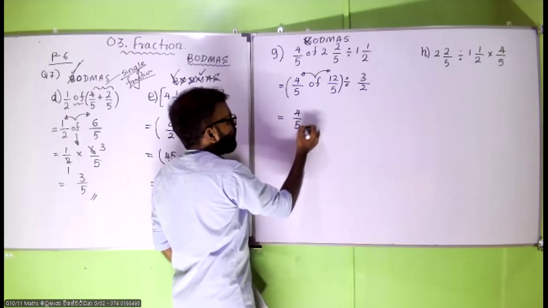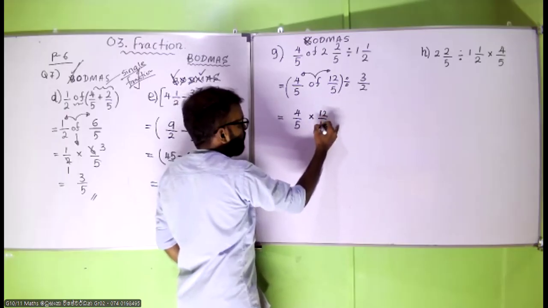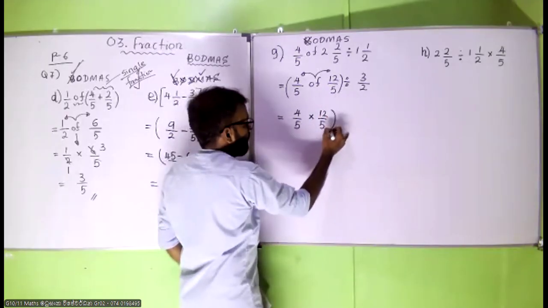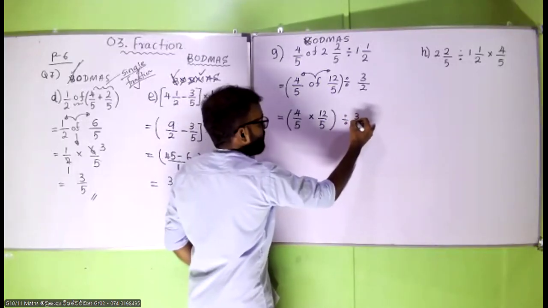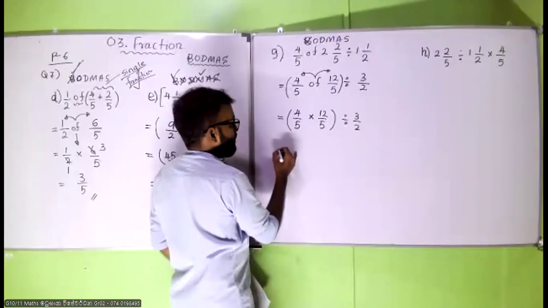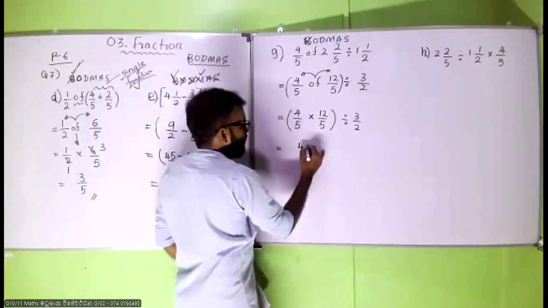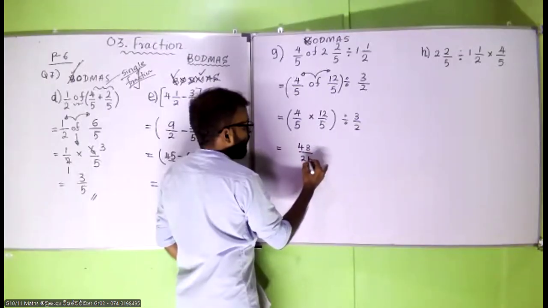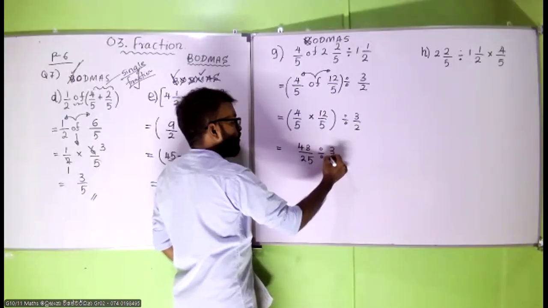This of means multiplication, 12 upon 5. Division, I am not going to touch until I get a single fraction here. 4 times 12, 48. 5 times 5, 25. Divide by 3 upon 2.